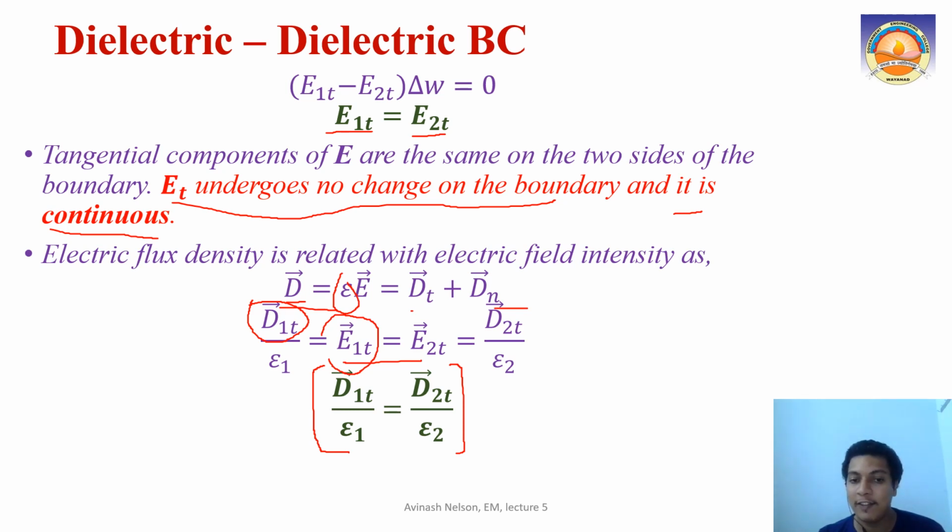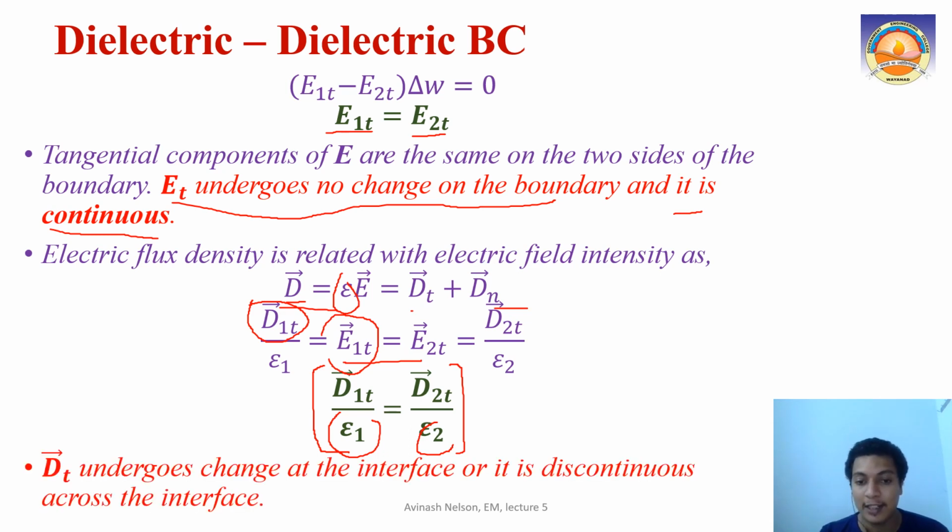When the electric field intensity components are the same, the flux density will definitely not be the same, because the permittivity values are different in the different media, right? So D1t by epsilon 1 will be equal to D2t by epsilon 2. What it implies is that Dt undergoes change at the interface. The tangential component Et of the electric field intensity has no change, and so it is continuous.